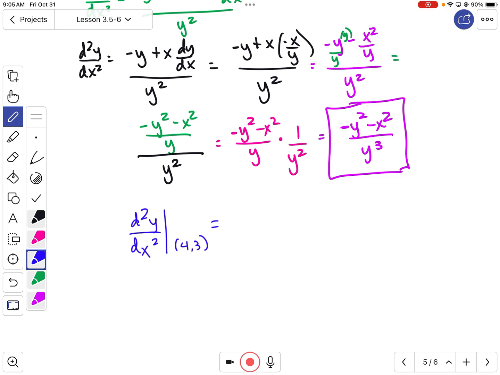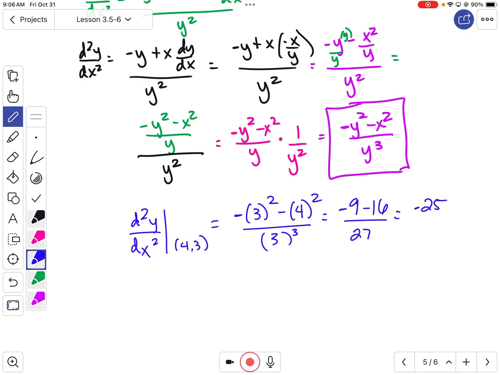That would be the opposite of 3 squared minus 4 squared over 3 to the third. So negative 9 minus 16 over 27, negative 25 over 27. Is that one of my answer choices? Good, yeah, so that should give us A.